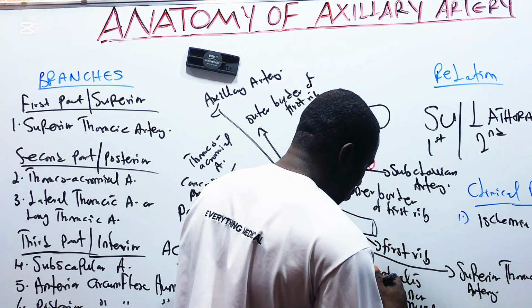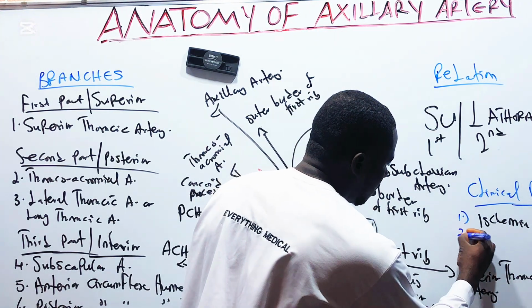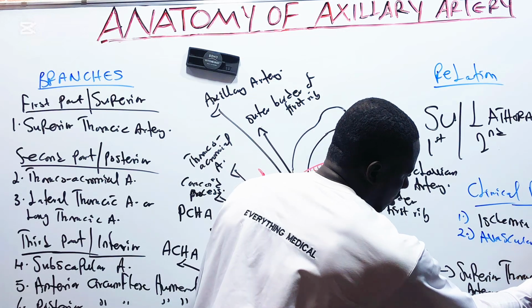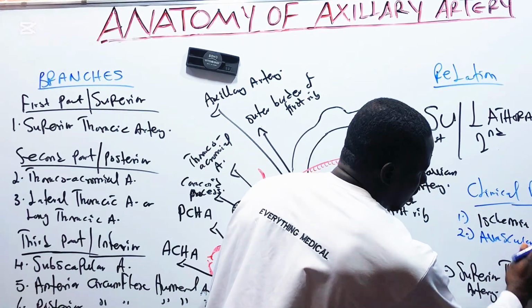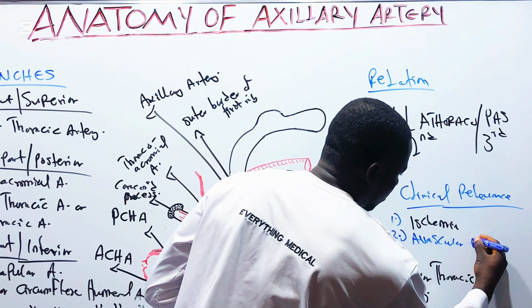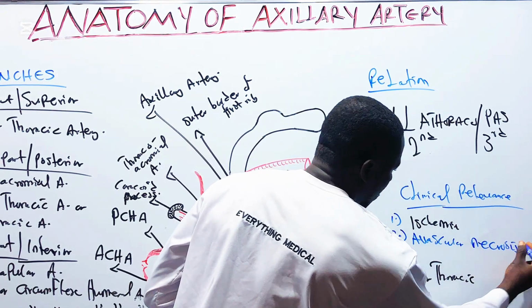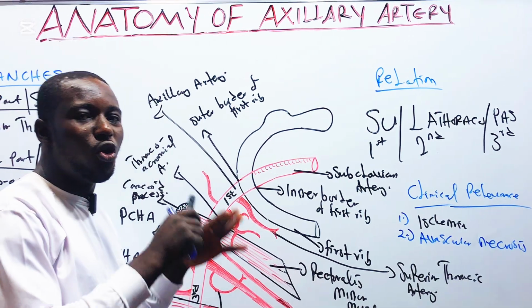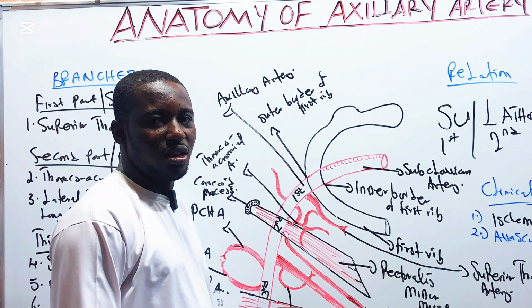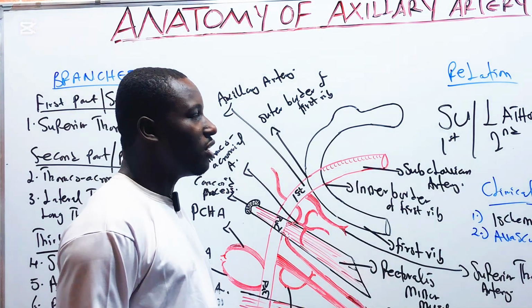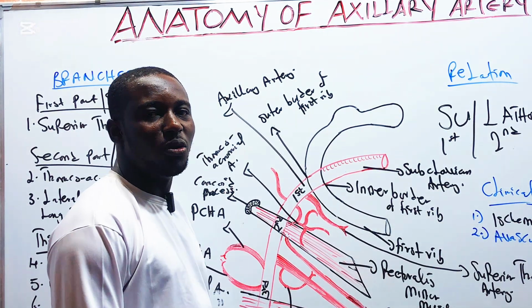So number two is avascular necrosis. Avascular necrosis could take place whereby there is no blood supply to the upper limb structures, because there is entire blockage of the axillary artery, resulting in the what?